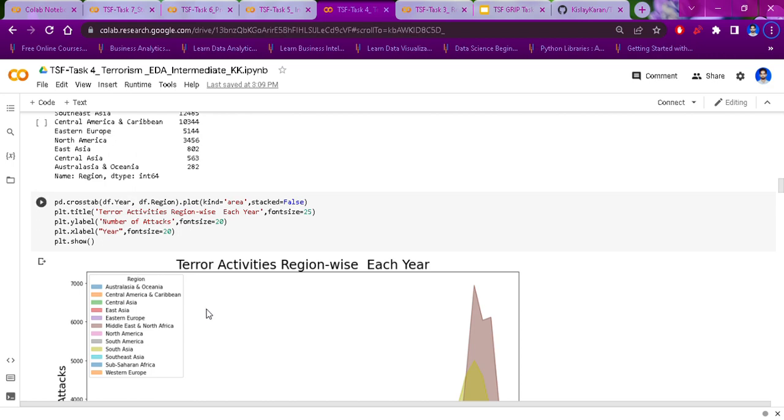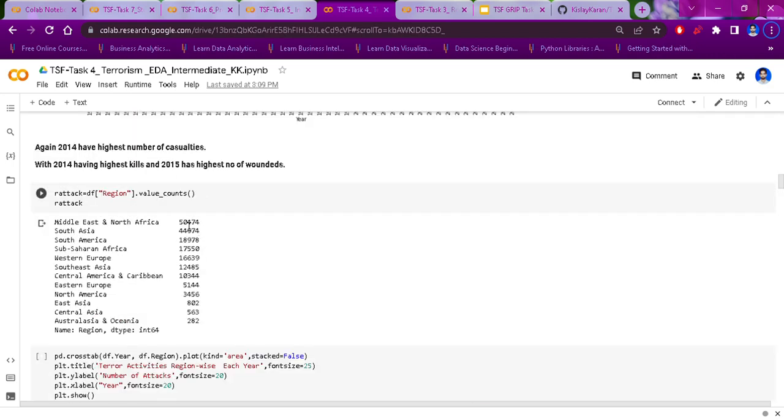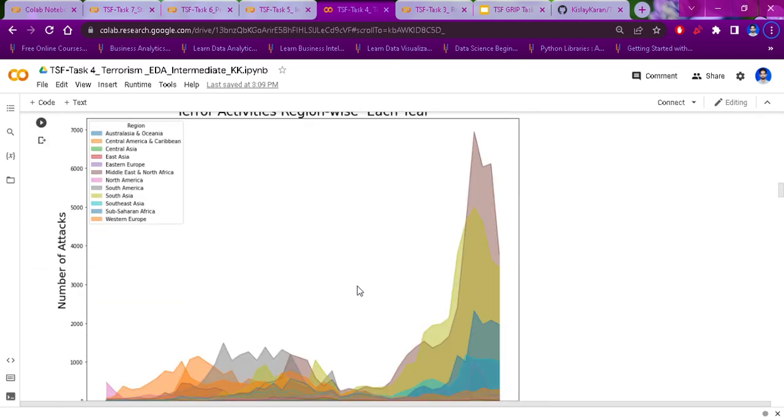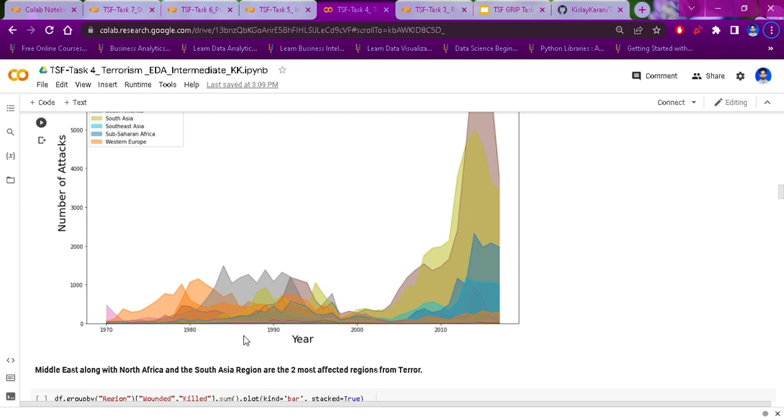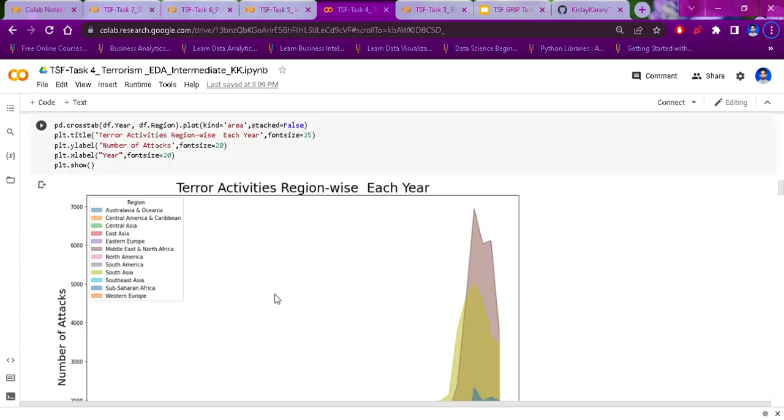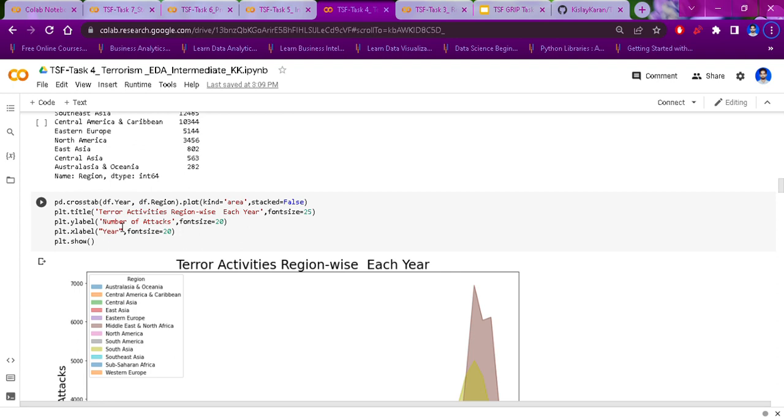So this is the same data we will be plotting with an area plot, showing the number of attacks region wise. So it also shows according to the years.